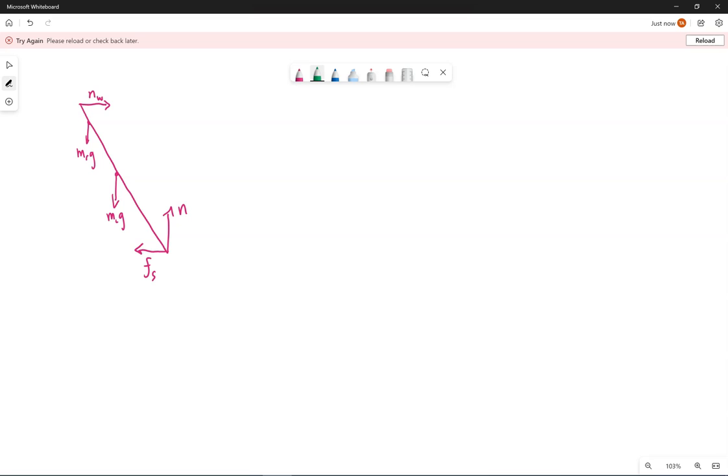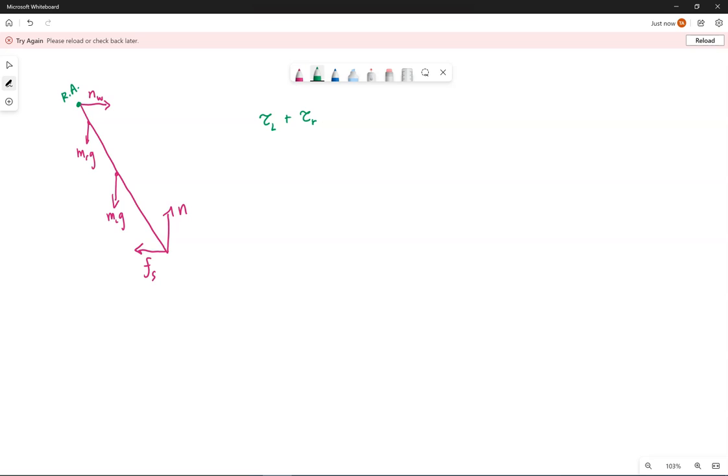If we had placed the rotation axis at this top corner, which is totally valid, we would need to say the torque due to the ladder plus the torque due to Romeo.